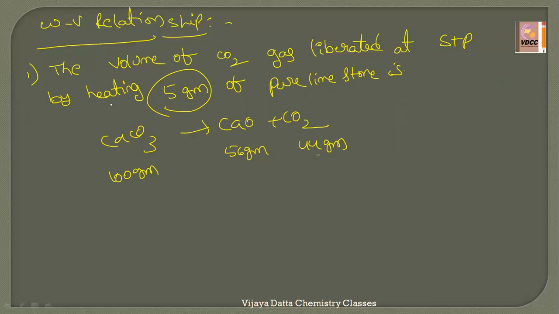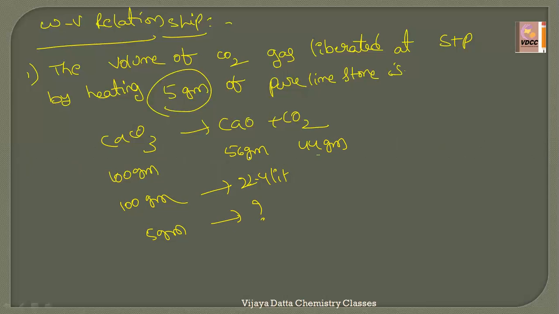But he is asking for volume, so if they have given the volume, you have to take it for 22.4 liters at STP. So 100 grams is giving 22.4 liters of CO2. Then 5 grams of pure limestone gives how much volume?